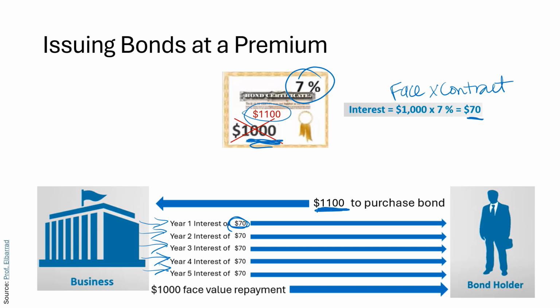Then finally, at the end of the bond's term, the face value is repaid. So remember, it will always be the face value that's repaid, regardless of what the bond is purchased for. So even though it was purchased for greater than face value here, what the business will repay at the end of the term is only face value, regardless of what it sells for.